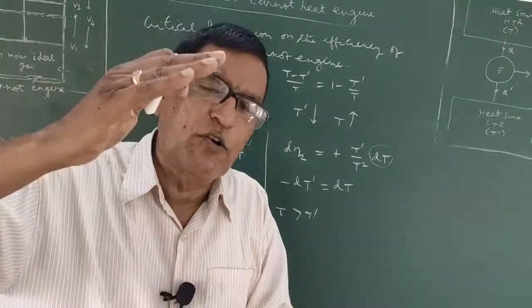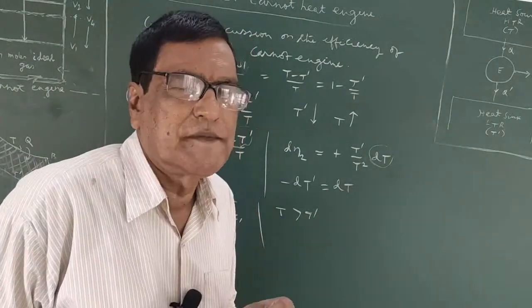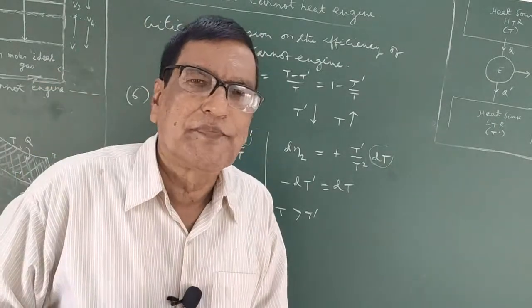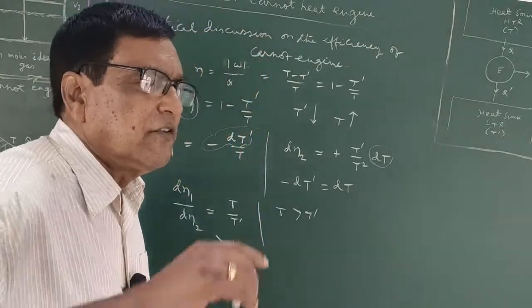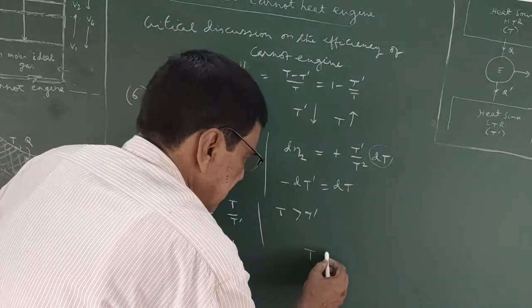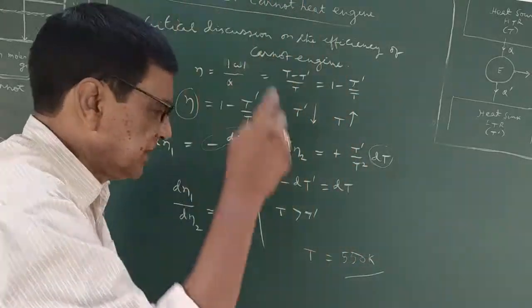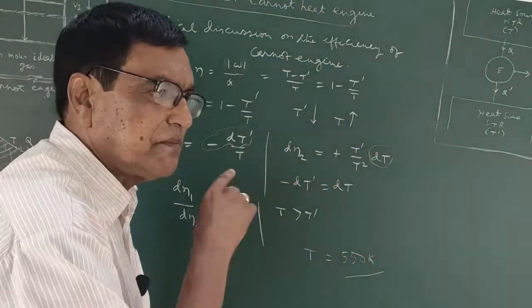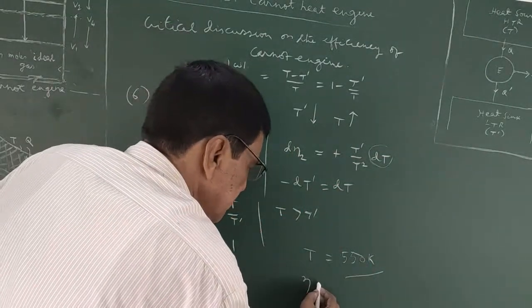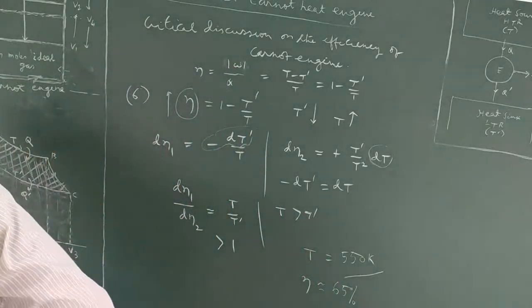But if the pressure over the piston in a boiler is increased, then water will boil at high temperature, and in a high pressure boiler the temperature is equal to 550 Kelvin. It is possible to increase the temperature of the source of the steam by using the high pressure boiler. In that case, efficiency is about 65%.